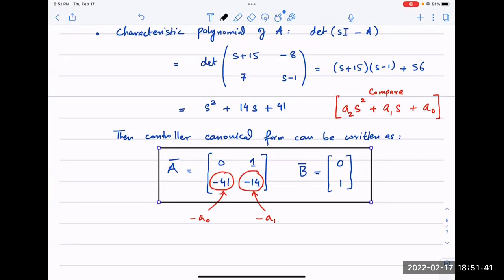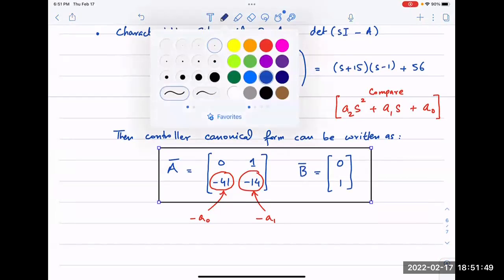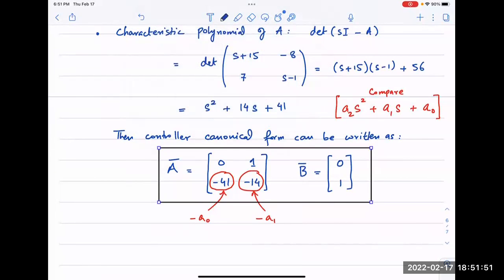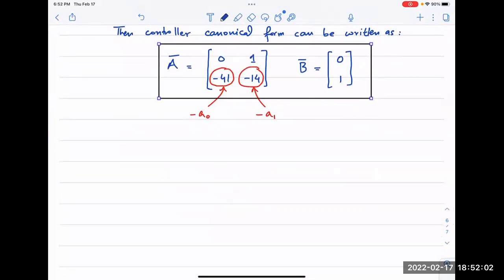Okay, so we've figured out the controllable form, and let's also figure out the transformation that results in this form, because if you want to go back to the original system, then that transformation will be helpful.